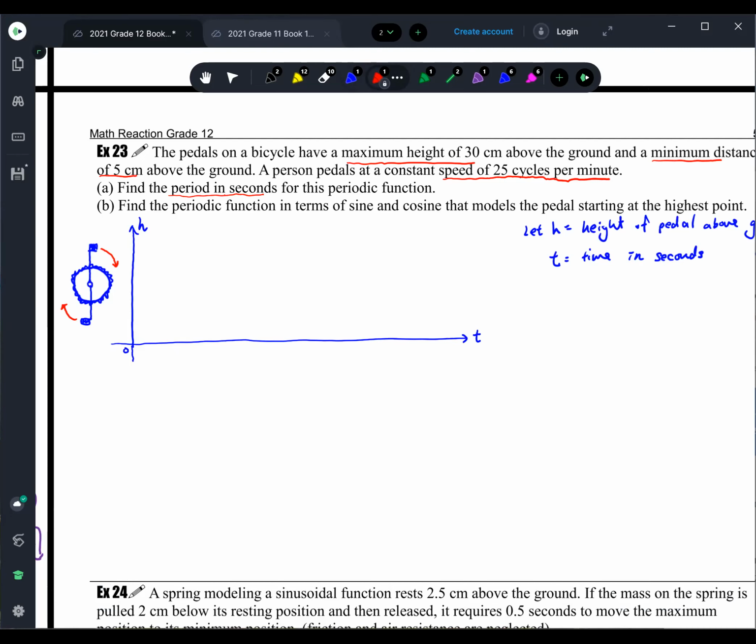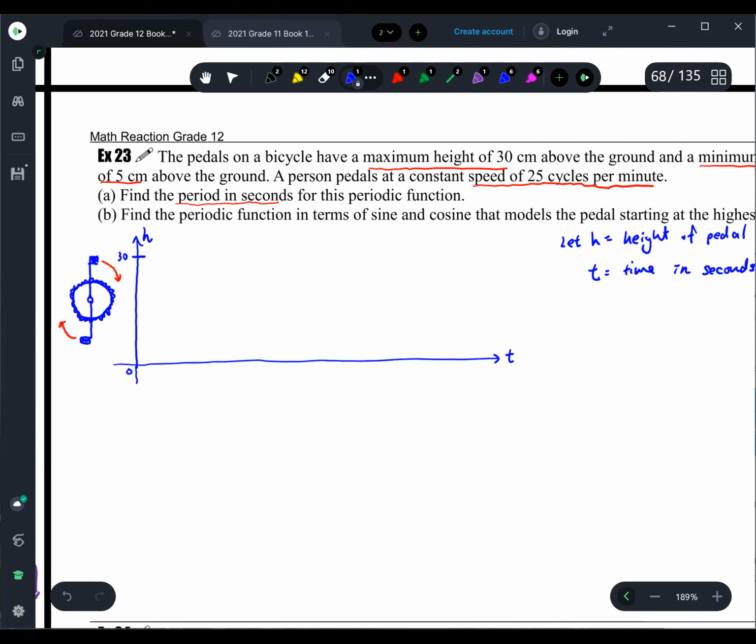Right, so based on the description, we have a maximum height of 30, right? So highest place is 30. So we put 30 at this place. And where is the lowest place, Waylon? What's the lowest value?